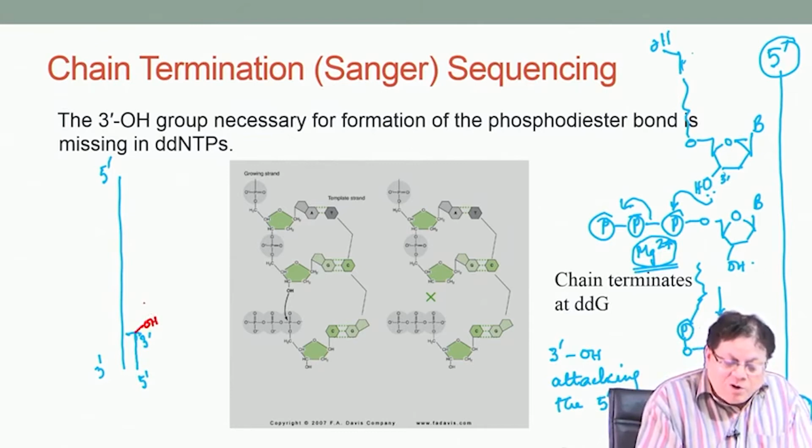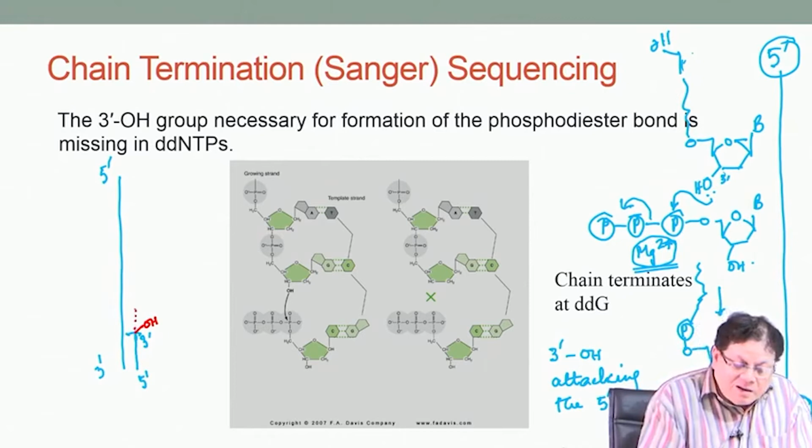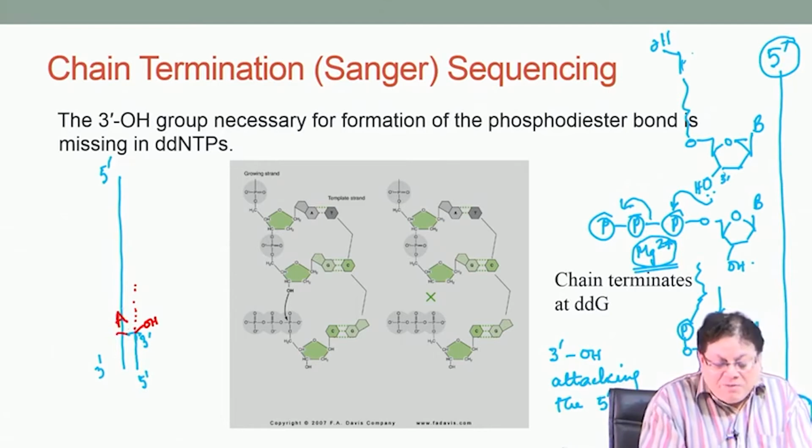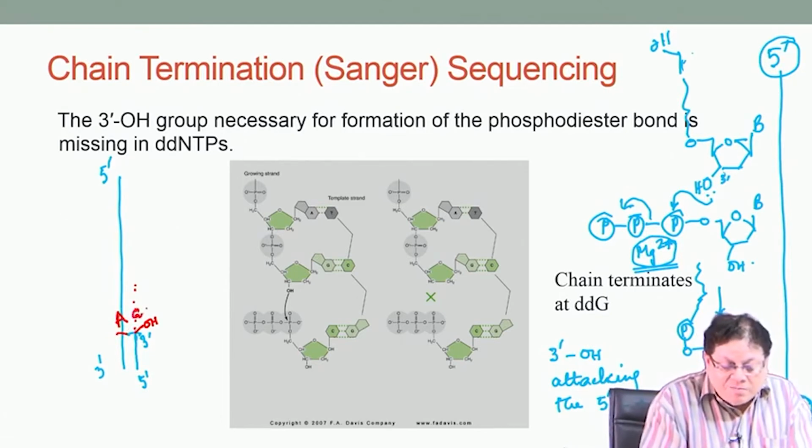So, that will now react with the nucleoside triphosphate and then extend the chain according to the base sequence here. Suppose after the primer, the first base is C. So, definitely it will require a GTP, a deoxy GTP, dGTP, that will be brought.